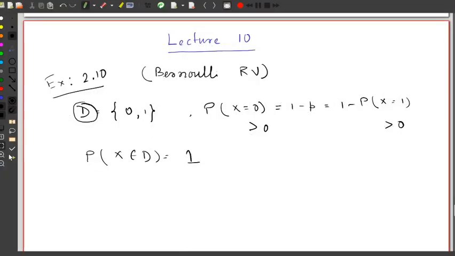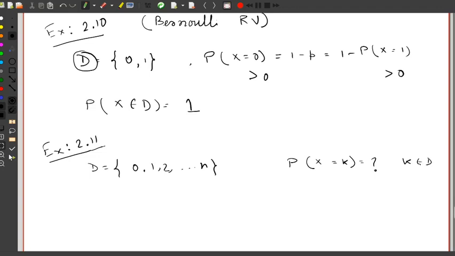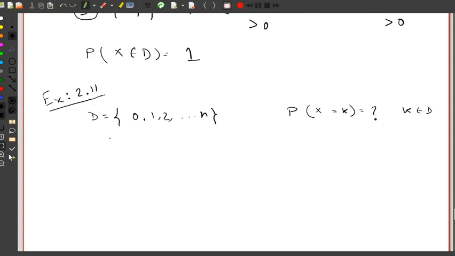We are talking about the binomial distribution, example 2.11. Here the set D is 0, 1, 2 up to n, and we are trying to find the probability that x takes the value k, for different k belonging to the set D. Now, probability x equals 0 is very easy to find, because x equals 0 means no success occurs, so all the n trials give a failure.